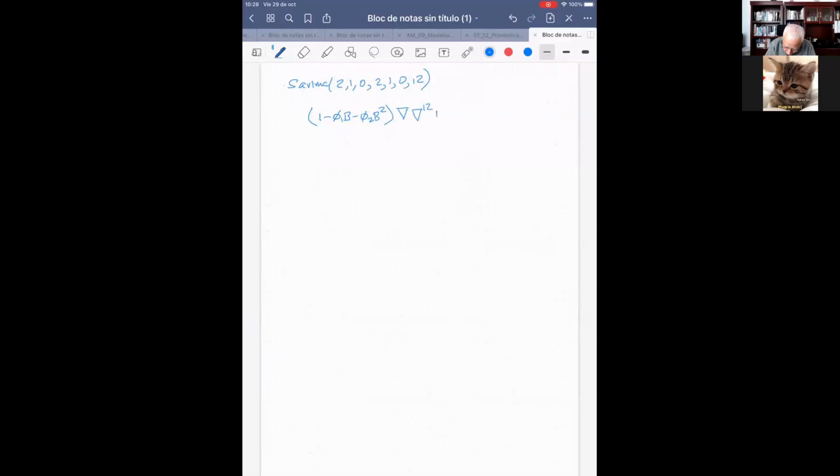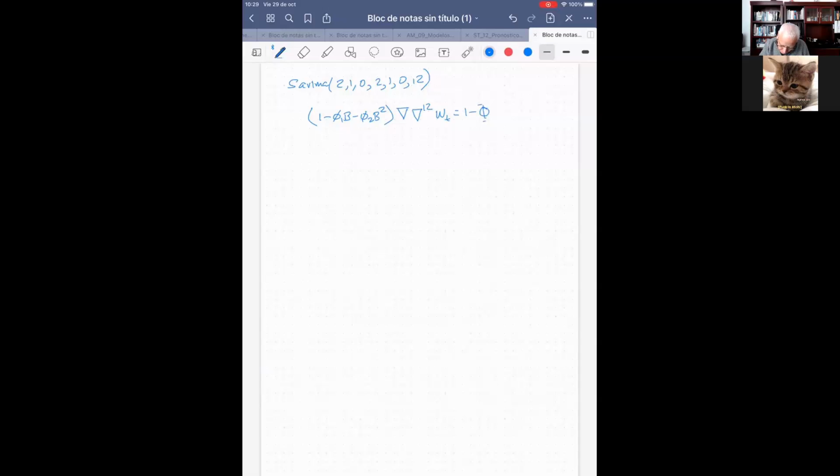That applies to WT, and the model on the seasonal component is an AR2, so it's 1 minus... no, this is not theta, because this is the AR part, so we use the capital phi.